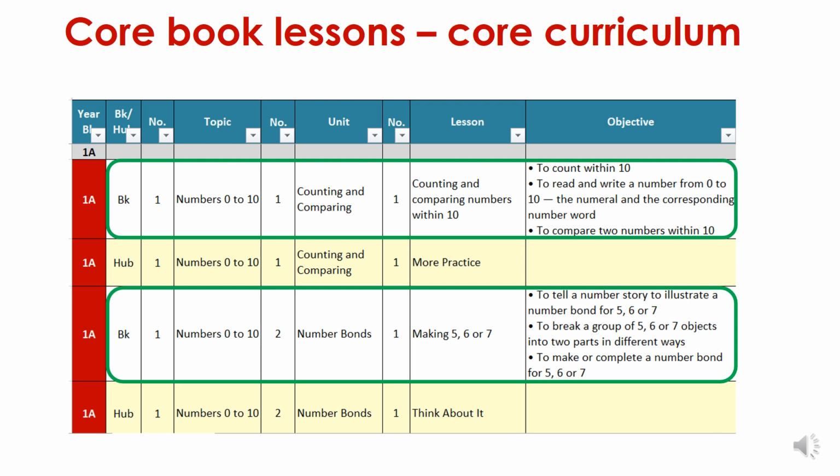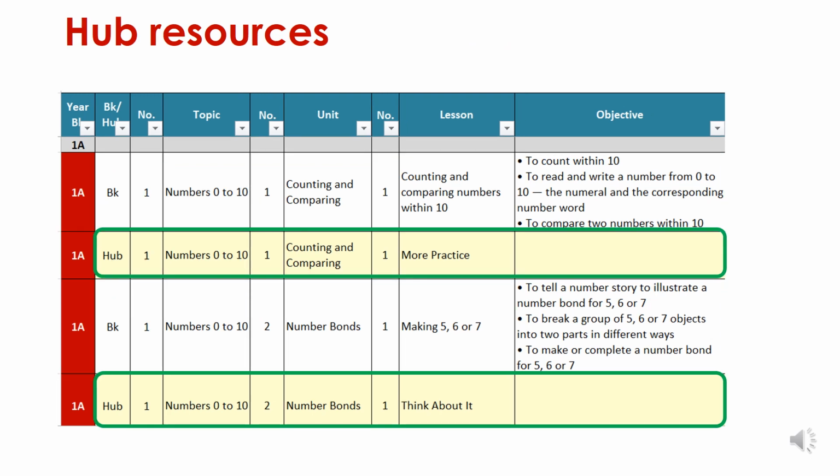Resources with a white background are found in the core book. These are considered core curriculum lessons for that year level, either for the Australian curriculum or for the New South Wales syllabus, but usually both. Resources with a yellow background are found in the hub and may be downloaded.